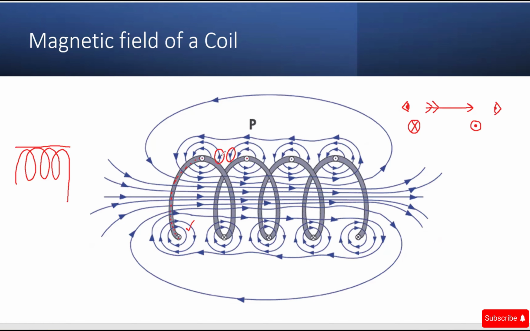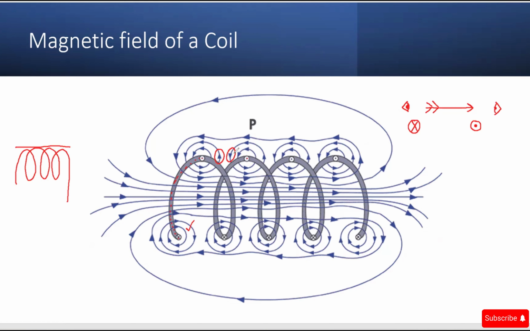It means the field lines are cancelling each other between these two wires. So then we have no field between these two wires.